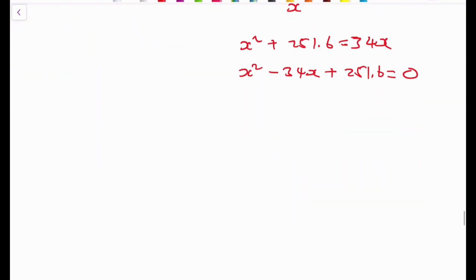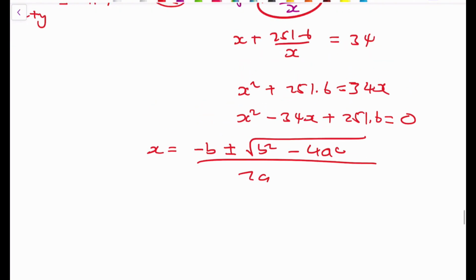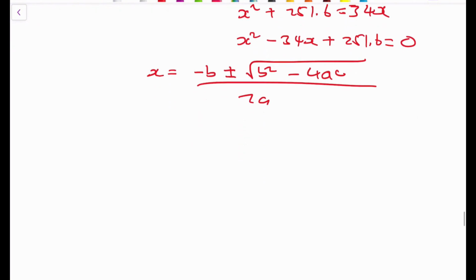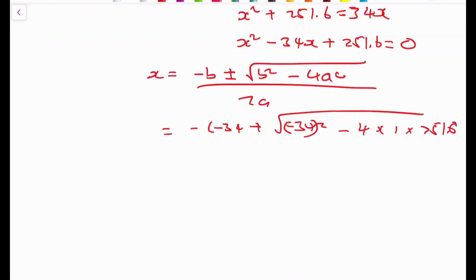So how do I find the value of X? It's negative b plus or minus the square root of b squared minus 4ac, divided by 2a. This is getting a little mathematical, but remember, it's just applying the quadratic formula. So here we have negative negative 34 plus the square root of negative 34 squared minus 4 times a, which is 1, times 251.6, divided by 2 times 1.